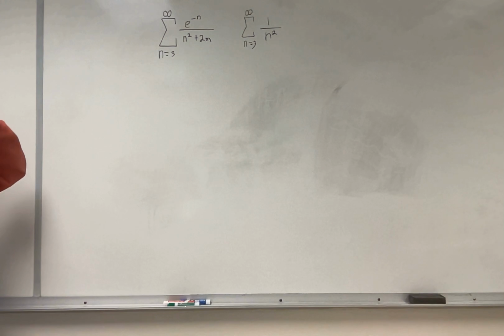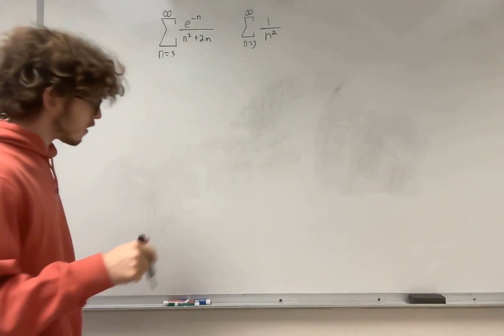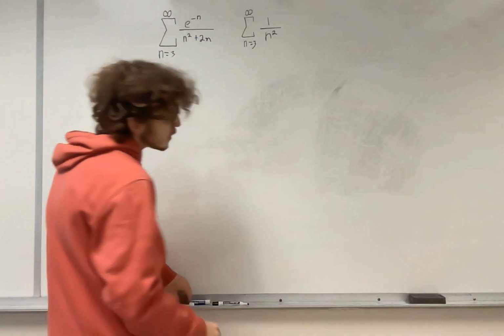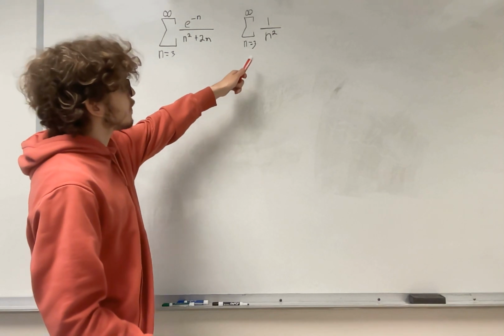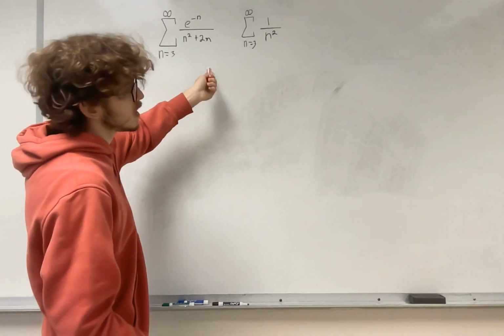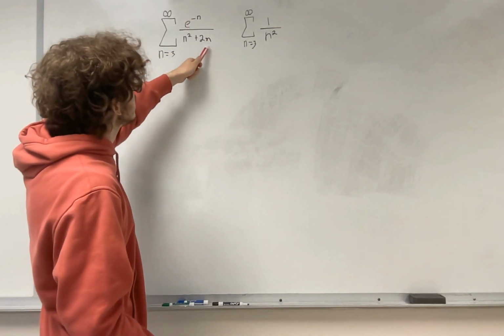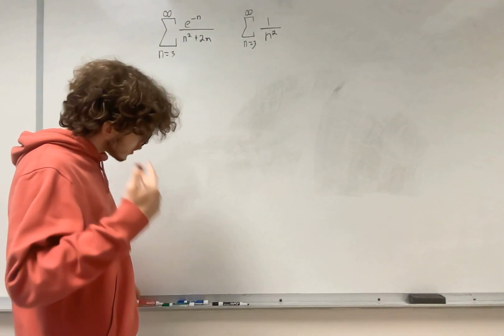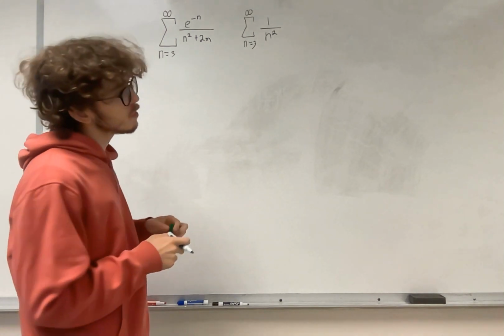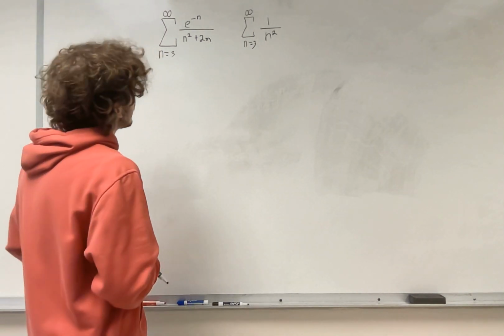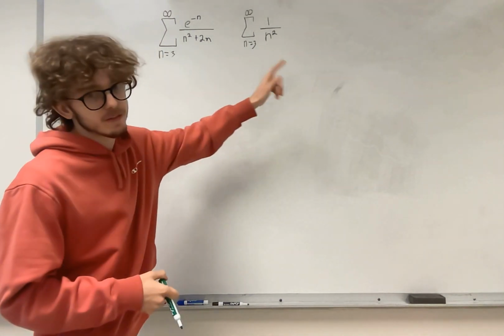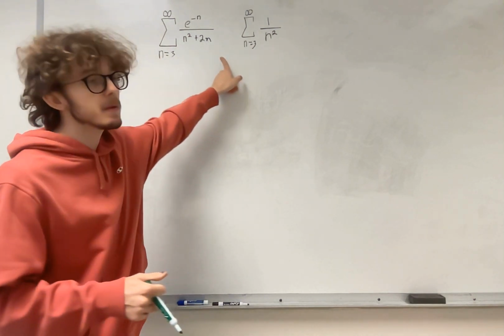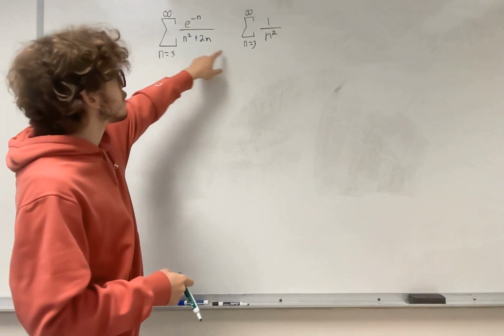But yeah, let's get into the actual comparison now. To determine if this is greater than or less than this, we need to determine what e to the negative n is doing and the plus 2n is doing. I want you to realize for the plus 2n, we're adding a constant value. We're starting at 3 and we're going 4, 5, 6, 7. We are growing the denominator for every n value compared to this one.